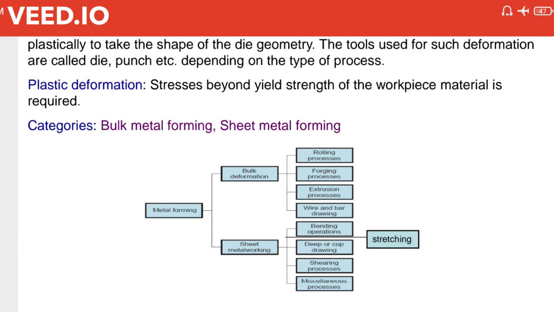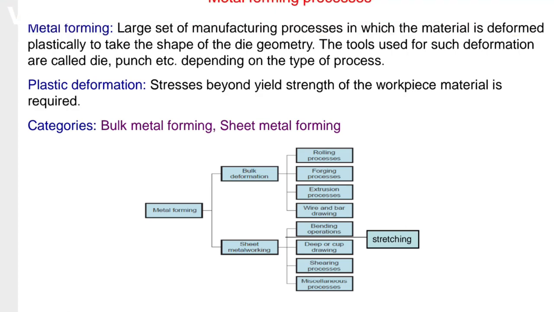Plastic deformation, stressed beyond the yield strength of the workpiece material, is required. Categories: bulk metal forming and sheet metal forming. We will see the metal forming process in the diagram. Metal forming is divided into bulk deformation and sheet metal working.